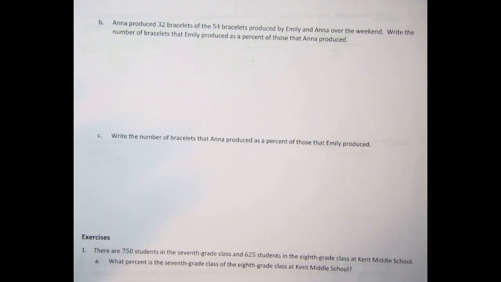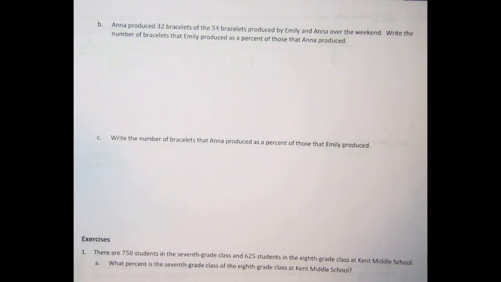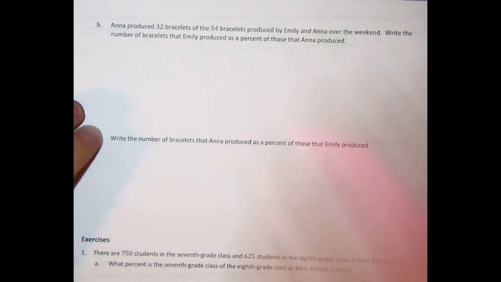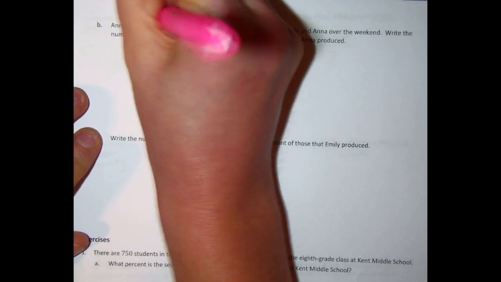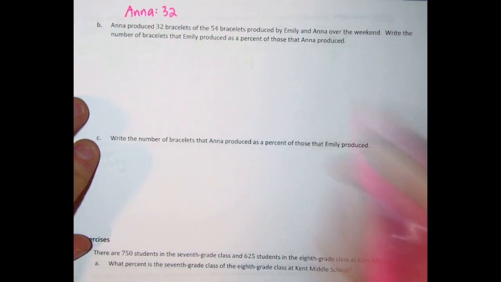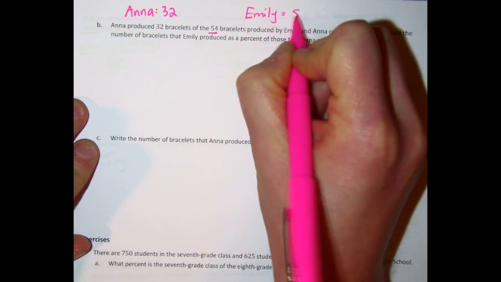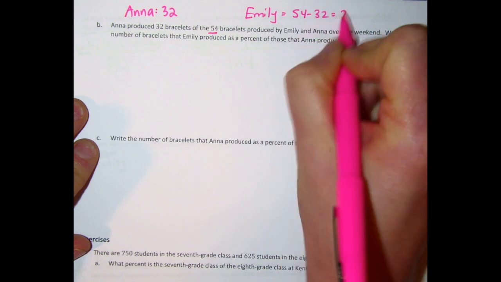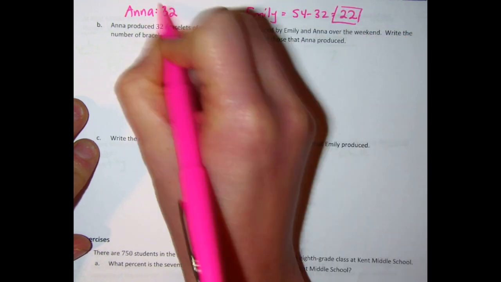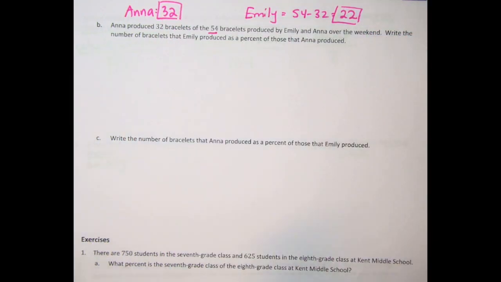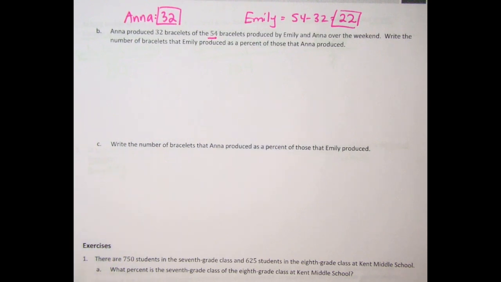So first of all, let's take a step back and make sure we know how many bracelets each girl produced. We know that Anna did 32. There were 54 total, so Emily had to have done the rest, which is 22. Okay, so that way we have that out of the way. We know exactly how many each girl produced.